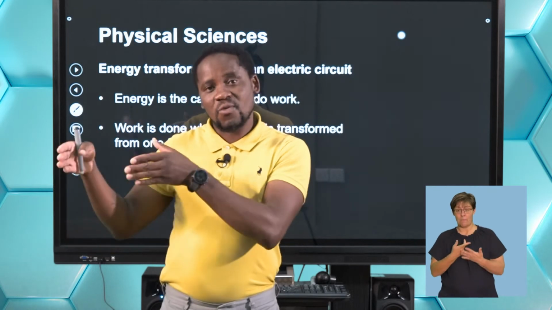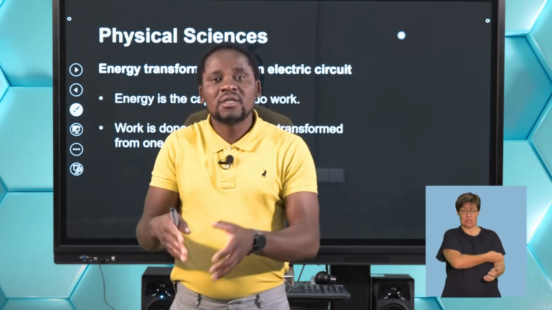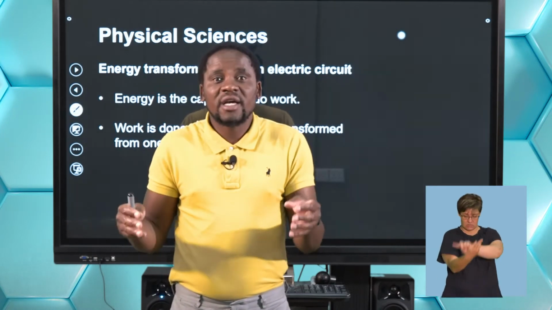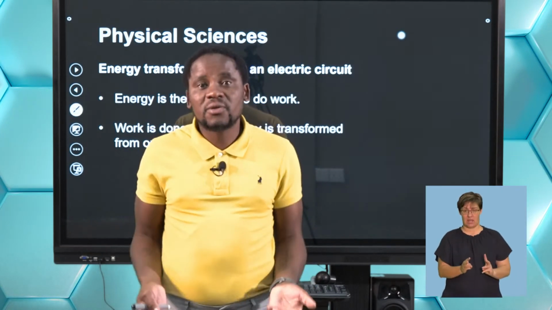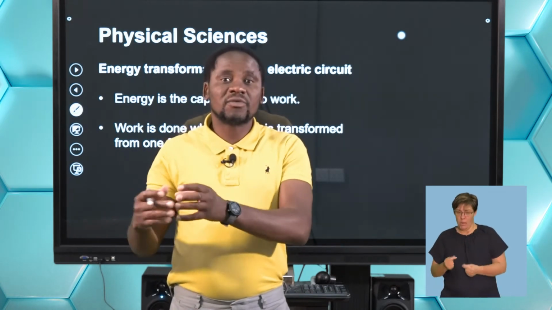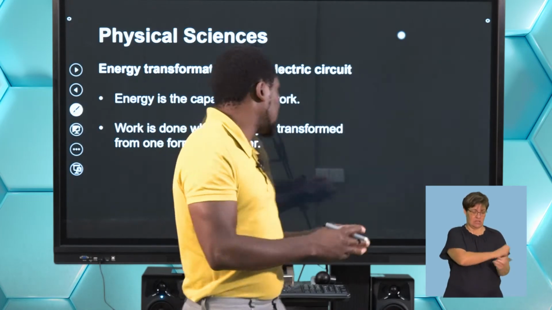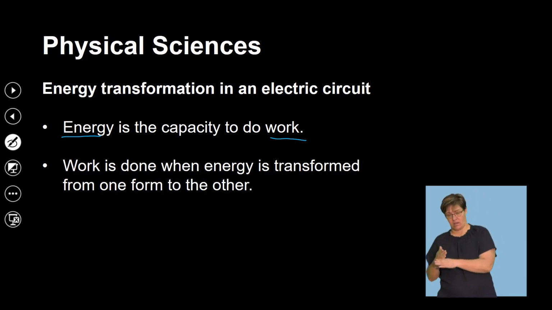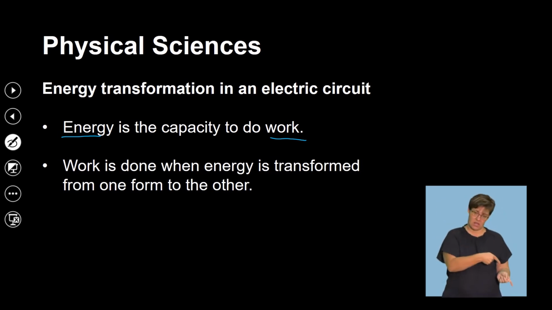So for work to be done, energy must be converted or transformed from one form to the other. In a scientific context, we are saying that work is done when energy is converted from one form to the other. And you also need to understand that energy is work and work is energy. Energy is measured in joules, work is measured in joules.